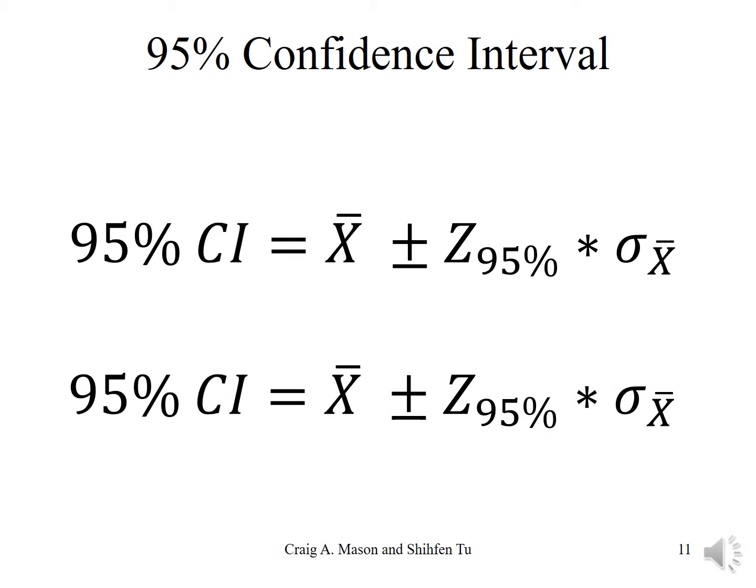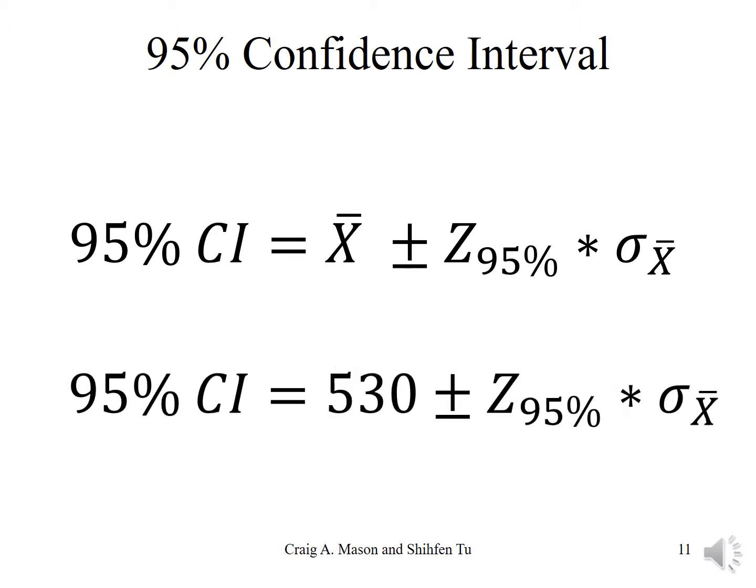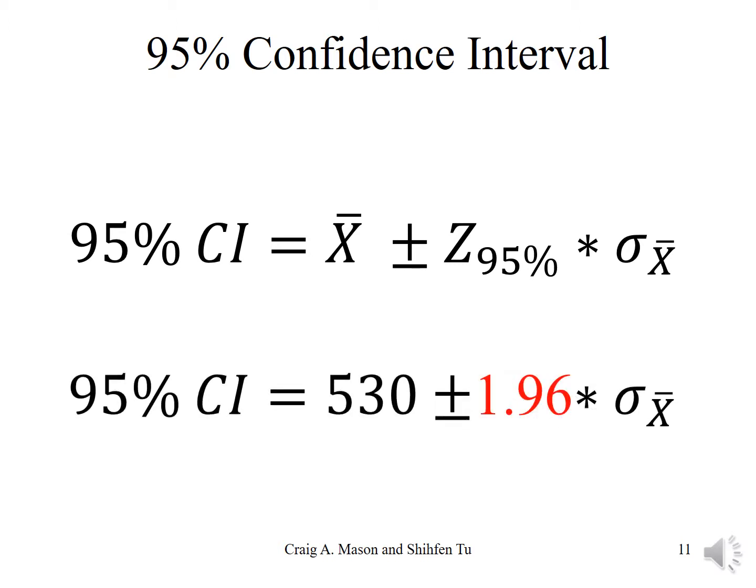Our 95% confidence interval is equal to x bar, or 530, plus or minus our z-score that serves as the bounds for 95% of the distribution. We just saw that this was plus or minus 1.96 times the standard error of the mean, which we calculated in the previous video, was 12.5.